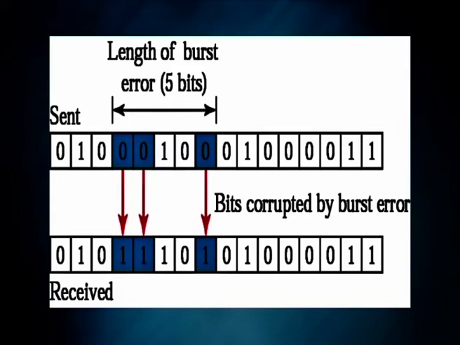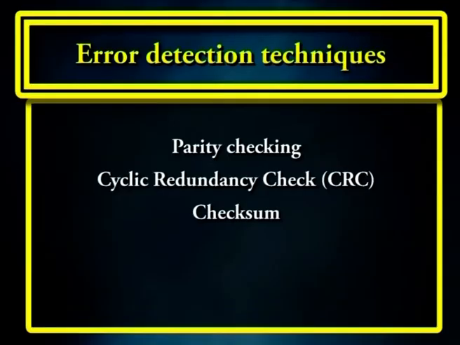Burst error is also called packet level error, where errors like packet loss, duplication, reordering takes place. In figure shown, please notice that 3 zeros are converted into 1. This is burst error.